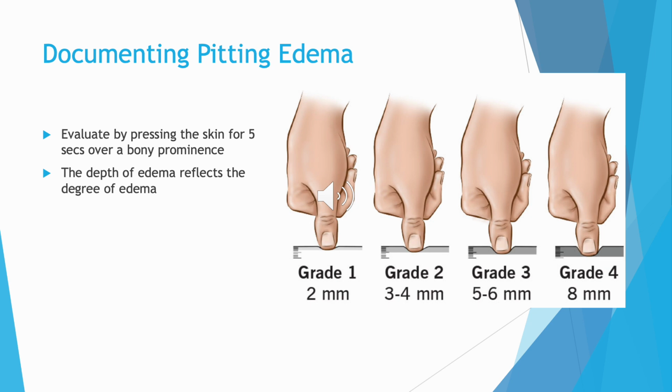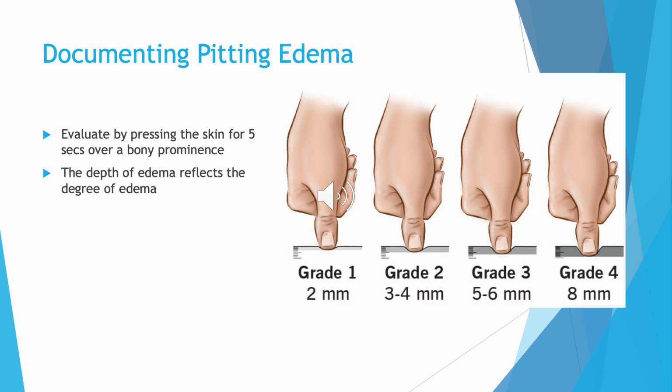When we get to grade 2, okay, it's going to be mild edema, and there'll be a 4 millimeter indentation, and it's going to take 10 to 15 seconds to recoil back the skin.